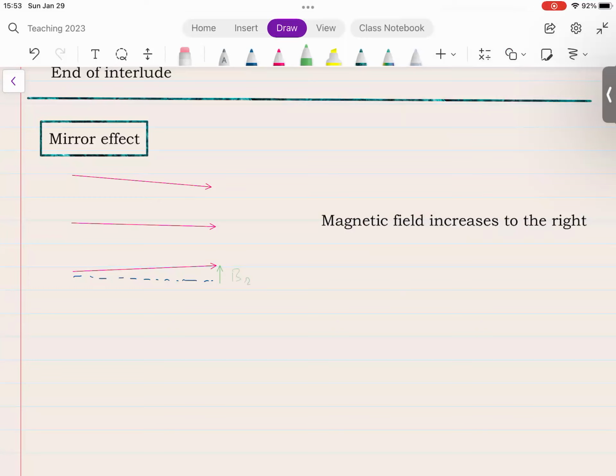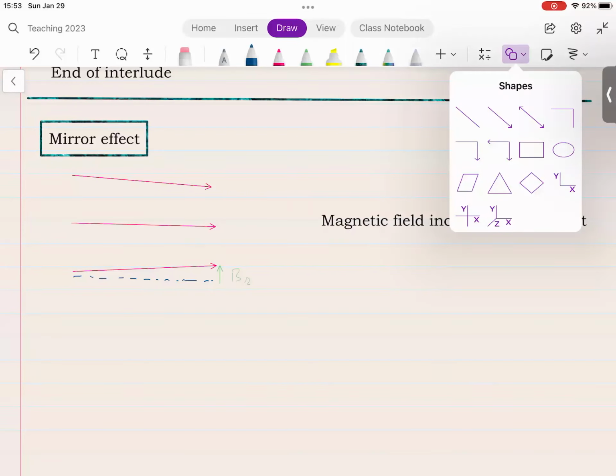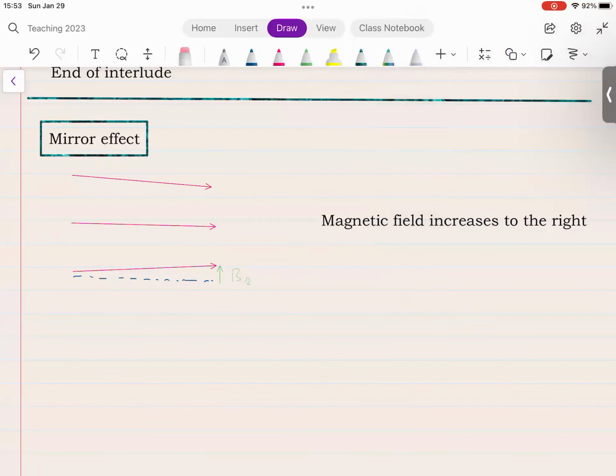That I'm going to call BR, where the coordinates that I'm using here are Z to the right and R measured from the center, so from the straight field lines.